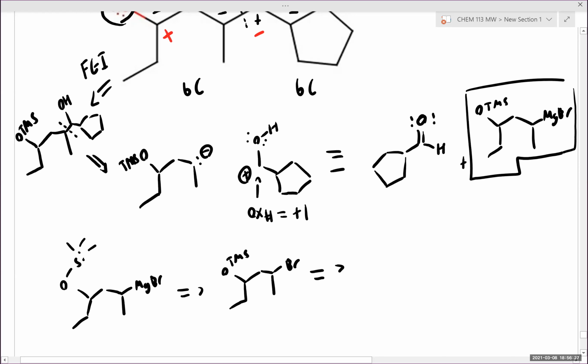And where do we get this protected alcohol from? Really, don't think about this question. It's not a trick question. Where do we get a protected alcohol from? Through installation of a protecting group.